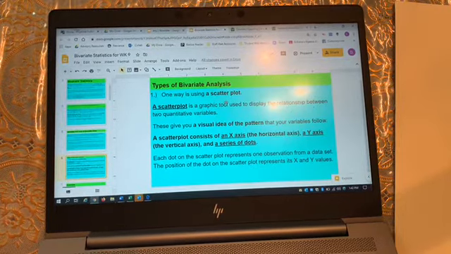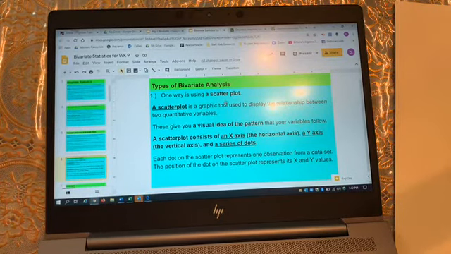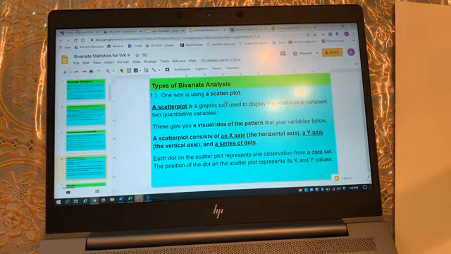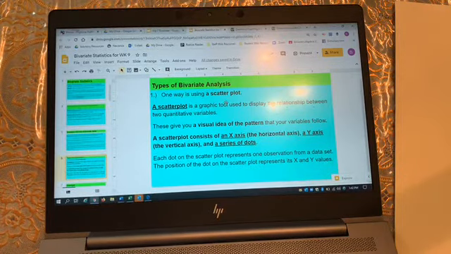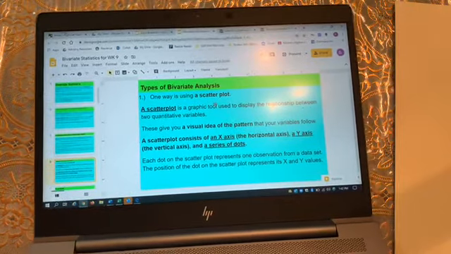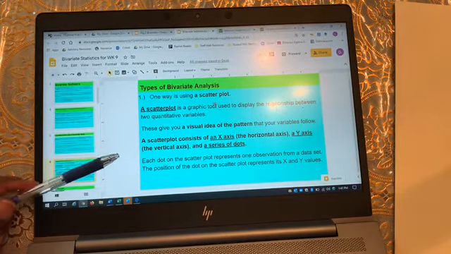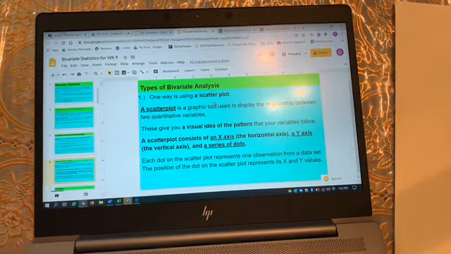Types of bivariate analysis. The first one is the scatter plot. A scatter plot is a graphical display where you see the relationship between two quantitative variables. So it is a visual, ideal form of presenting data where you see a pattern among the data displayed. A scatter plot consists of an x-axis, a y-axis, and a series of dots.